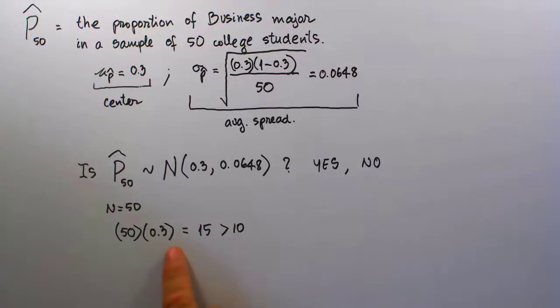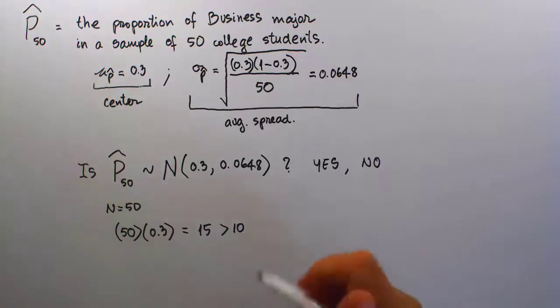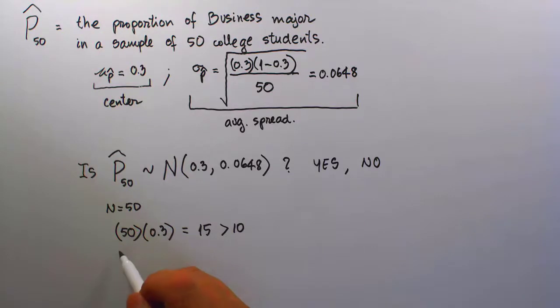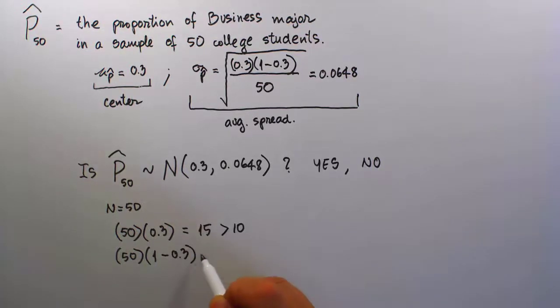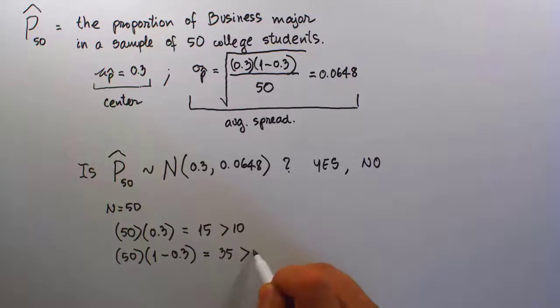I'm doing this work to follow the requirements guaranteed by the central limit theorem. But having the sample size multiplied by the known population proportion be above 10 is not enough. We need to verify another one. So furthermore, I am going to multiply the sample size by 1 minus 0.3, and let's find out what this count is. The calculation comes out to be 35, which is also well above 10.